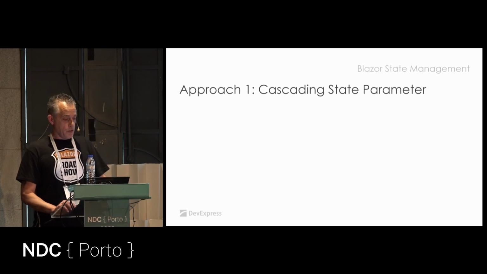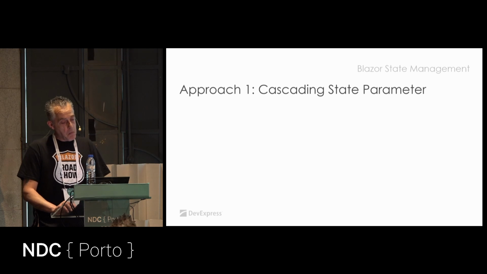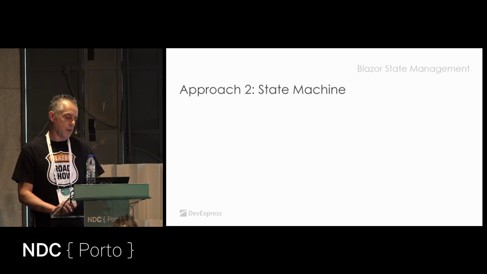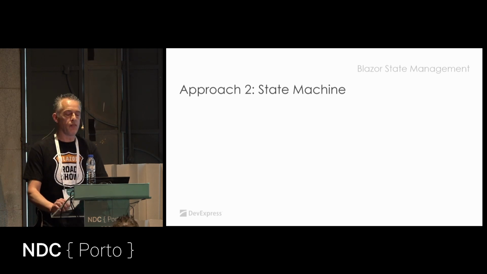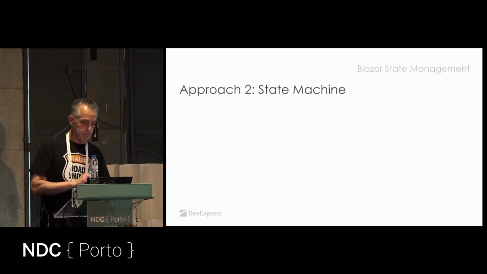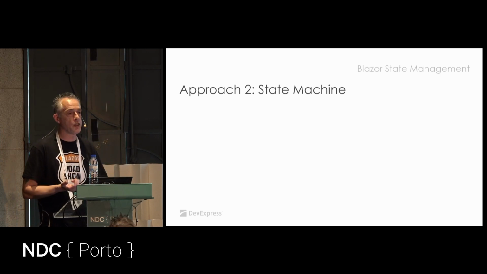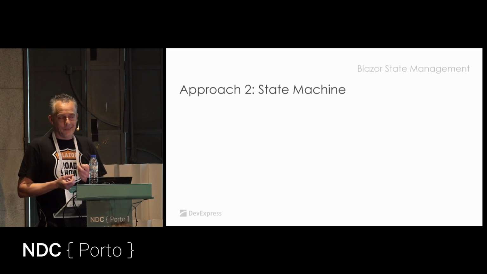All right, so there is another approach where you could do a bit more fine-grained control on what needs to be notified or updated, and that is typically by using a state machine. What is a state machine?